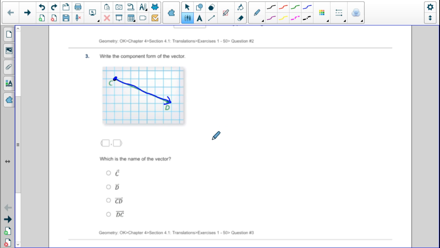So the name of it is going to be where you start and then to where it ends, like that. And then the component form, we would put our chevron, and then remember, it's like you're going to drive from C to D.